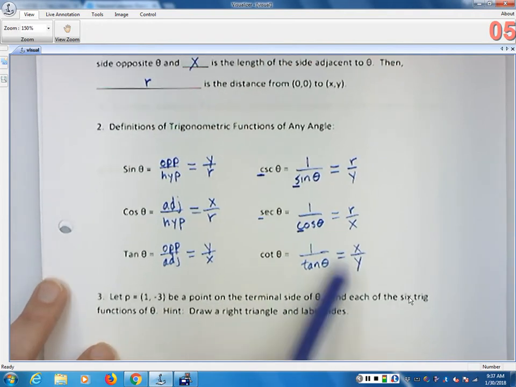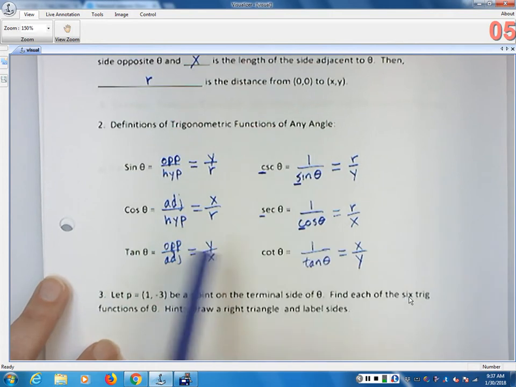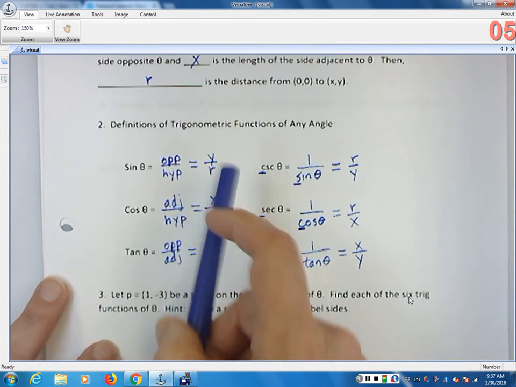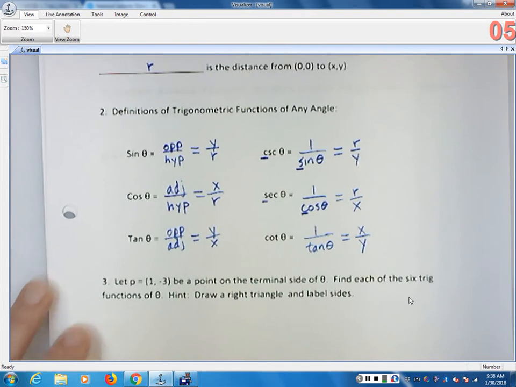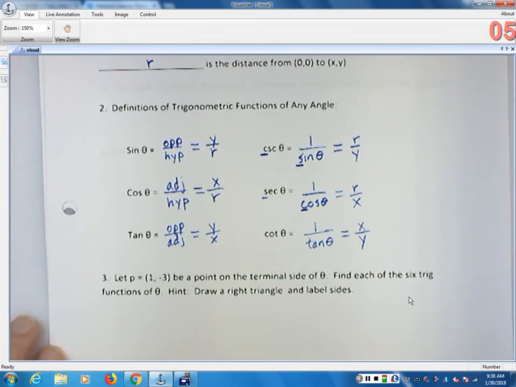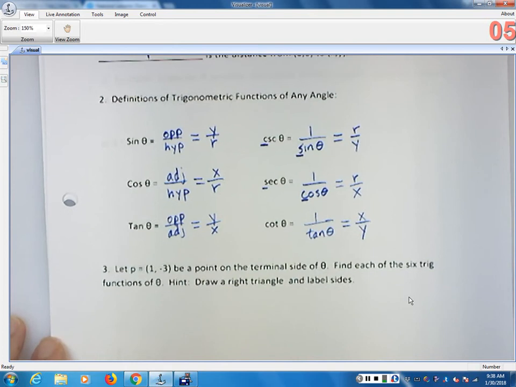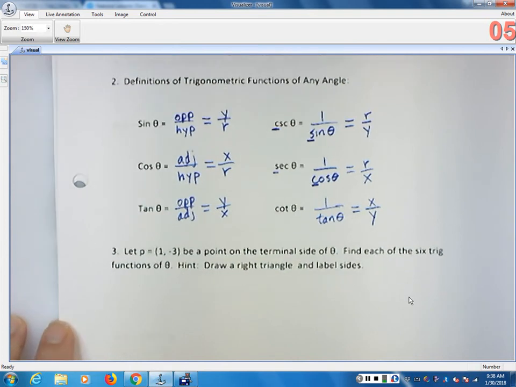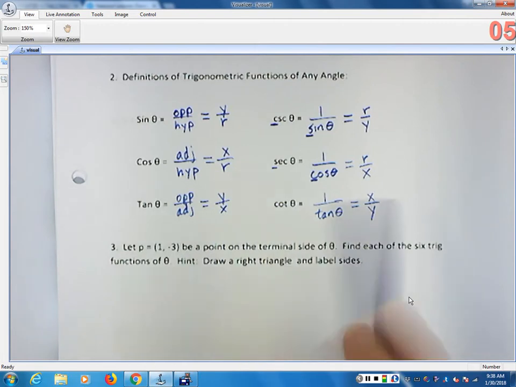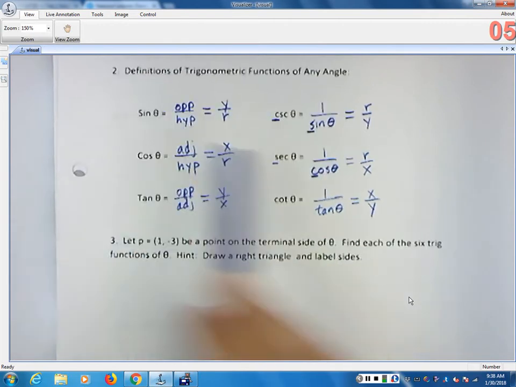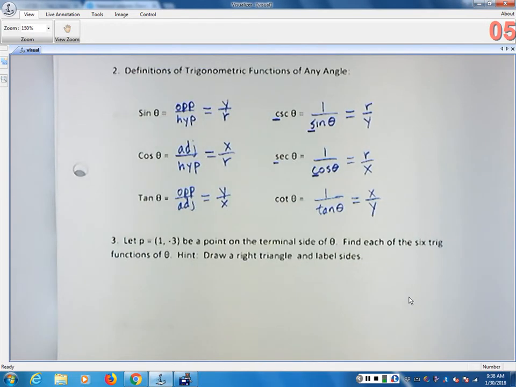I have these memorized and these memorized. Get these first and then these. Okay? So you need to be able to draw a picture. Do you need to memorize all these? No, if you can draw the triangle and remember these and these, you can get those. Okay.